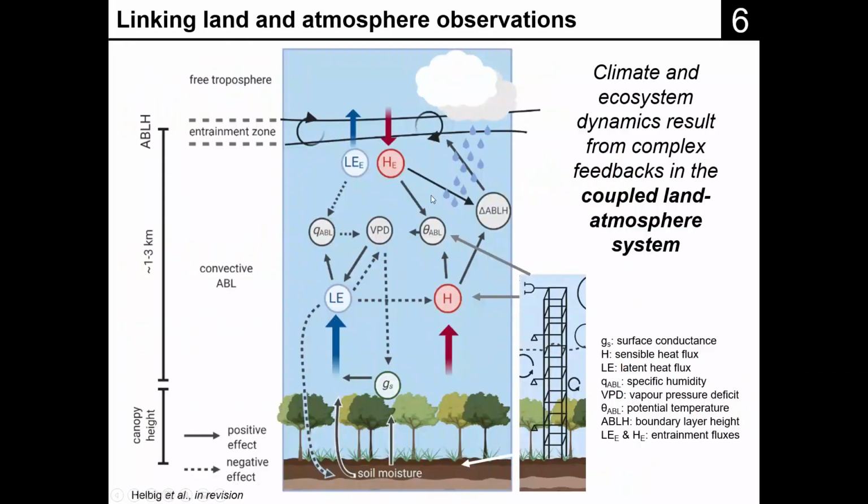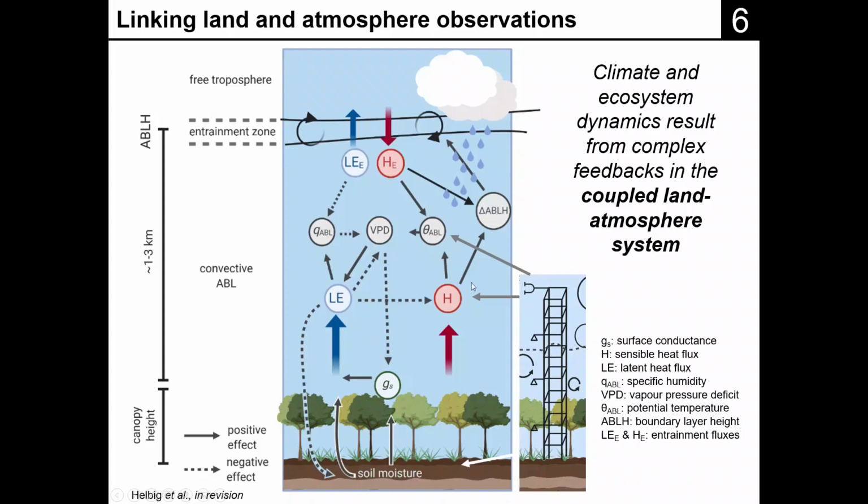Now if you think about the land-atmosphere feedback as a coupled land-atmosphere system that is driving both the climate and the ecosystem dynamics, we need to understand these complex feedbacks. If you go to an eddy covariance flux tower, you would usually have very good observations of soil moisture conditions, soil temperature, and then in the canopy, lots of measurements of surface conductance, leaf area index, and leaf water potential in some cases.